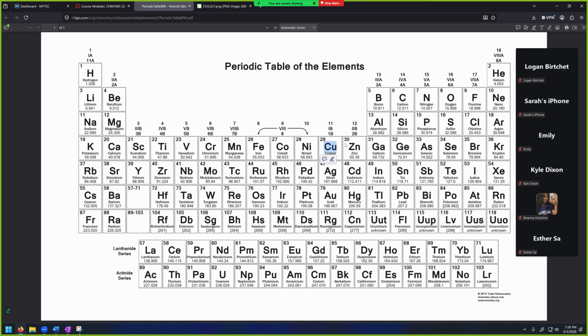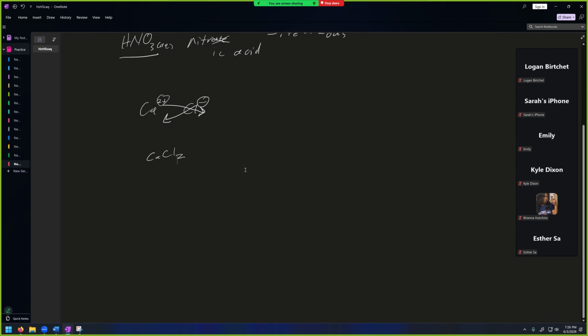Our transition metals can make a variety of different charges. We're not able to determine just based on their group what charge they should have, and therefore we have to infer the charge based on the other element present, in this case the Cl. Because chloride makes a 1- charge, I'll be able to do a little bit of calculation to determine the charge on the copper.